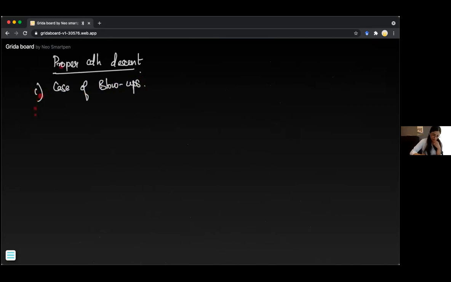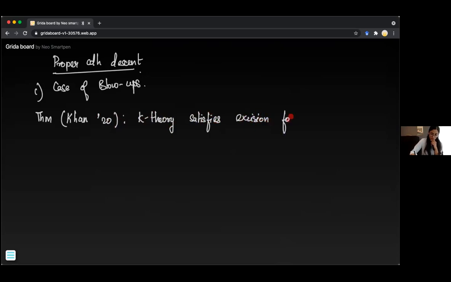So this would follow from the following. It's a result of Adeel from 2020, who shows that K-theory satisfies excision for quasi-smooth blow-ups.